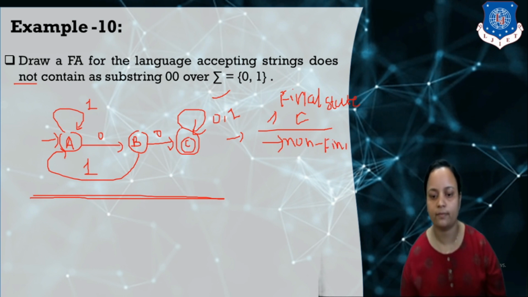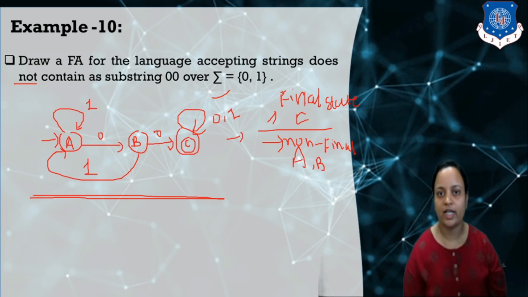Always remember this. The non-final states are A and B. The state containing a double circle means a final state, or we can say an accepting state. And the state which does not contain a double circle is considered a non-final state.